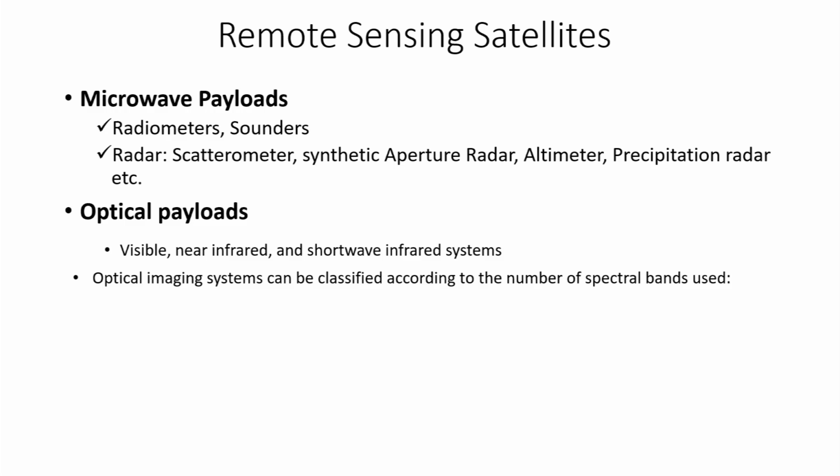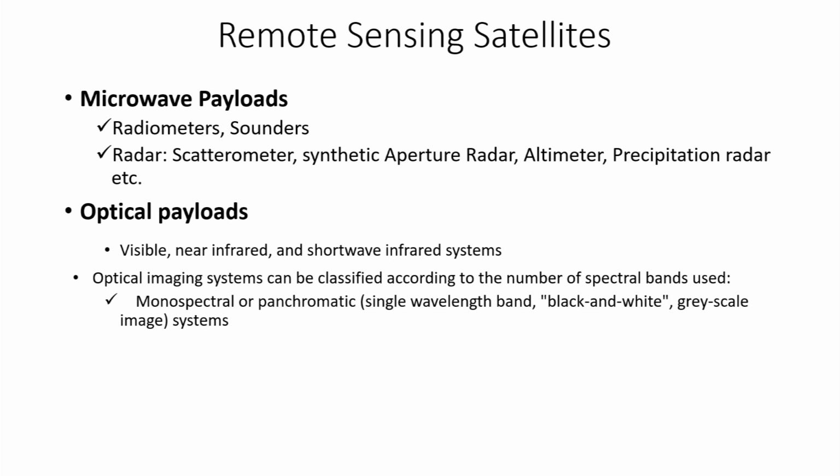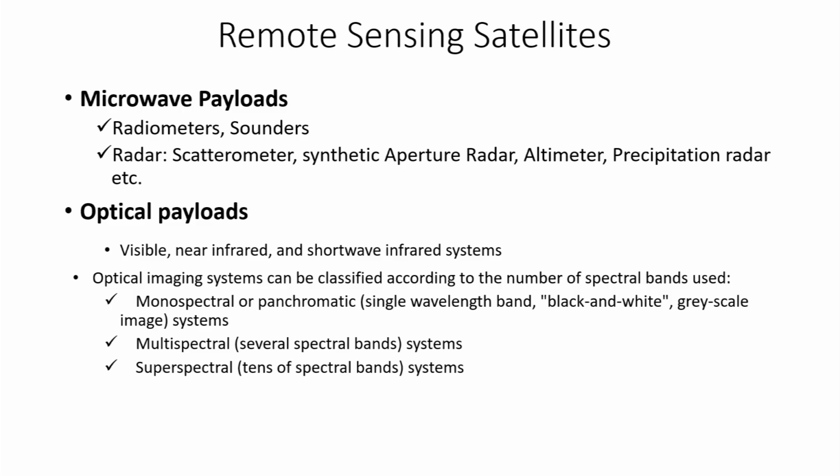The optical imaging system can be classified according to the spectral band used. This can be monospectral or panchromatic, like a single wavelength or black and white grayscale image system. It can be multispectral, with several spectral bands, or superspectral, with tens of spectral bands, or hyperspectral when hundreds of spectral bands are used.